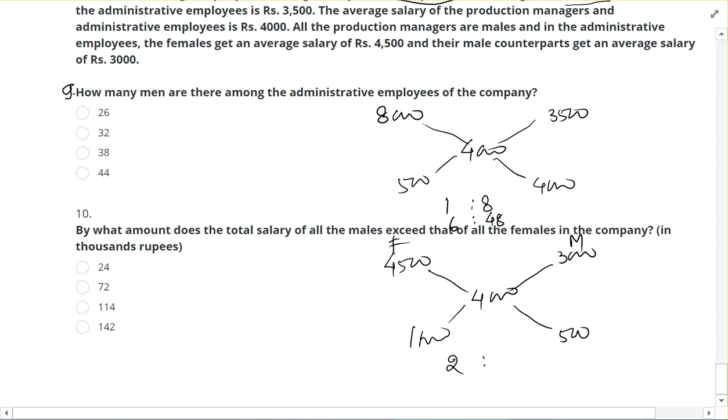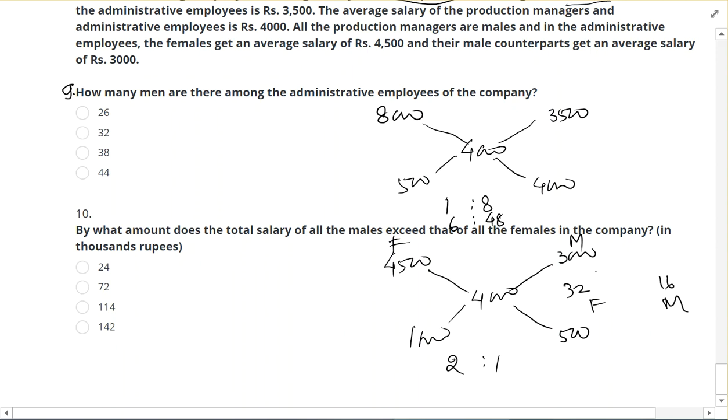So it is 2 is to 1. 48 will be divided in 2 is to 1. So 32 females and 16 males. How many men are among the administrative employees of the company? Only administrative. So 32, no, 16.